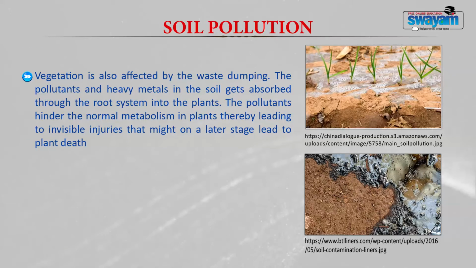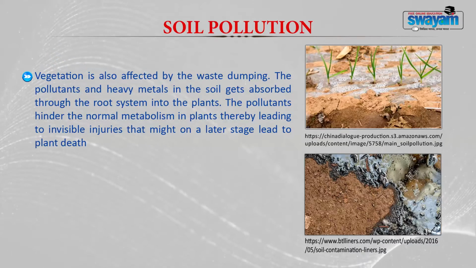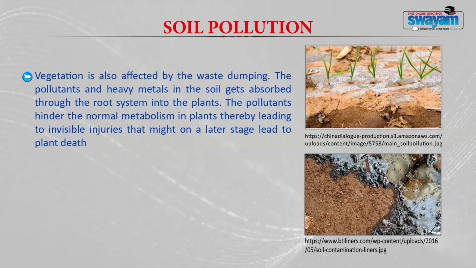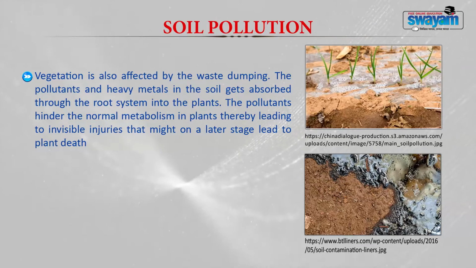Now the vegetation gets affected. As I told you, plants keep absorbing these heavy metals through the root system. The pollutant affects the natural metabolism of plants. Sometimes the injuries are invisible and sometimes they are visible. Visible, like you can see yellowing of leaves and leaf withering and all those things. Okay.